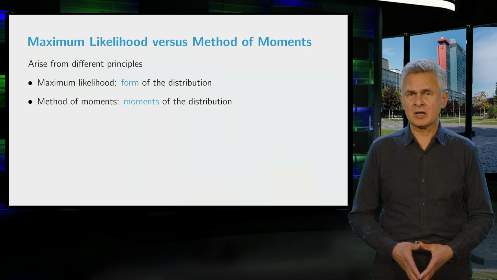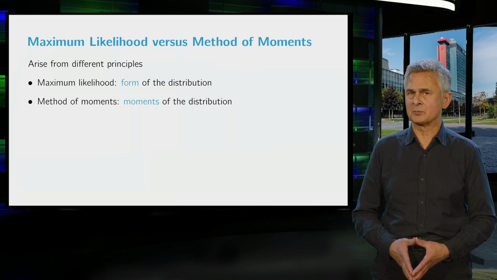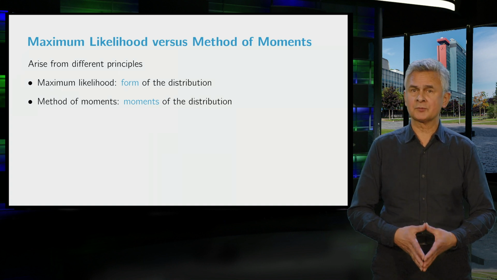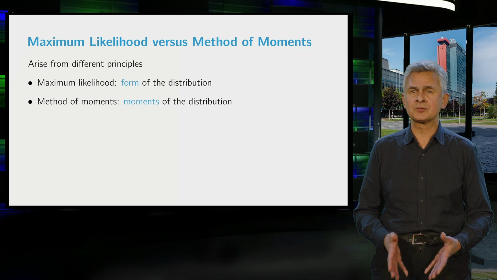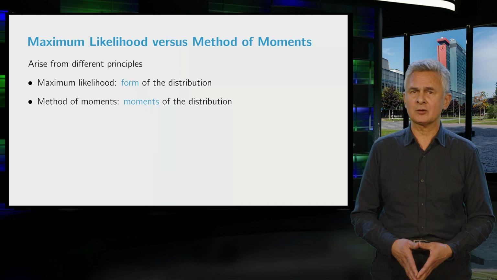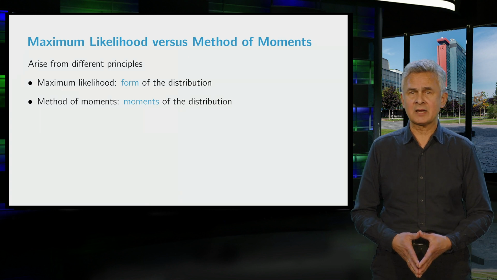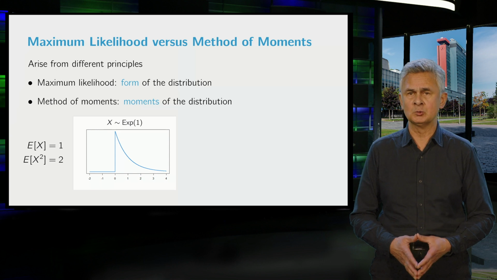Well, up to this point, you have learned two general methods of estimation that arise from different principles. Maximum likelihood is based on the form of the distribution, whereas the method of moments is only based on the moments of the distribution. Now, it's not difficult to think of two different distributions with the same moments. For example, a standard exponential distribution has first two moments equal to 1 and 2.